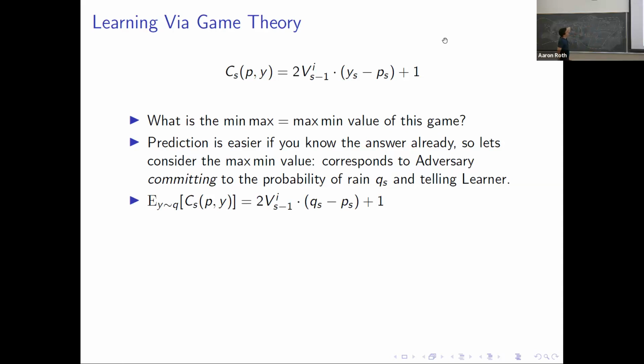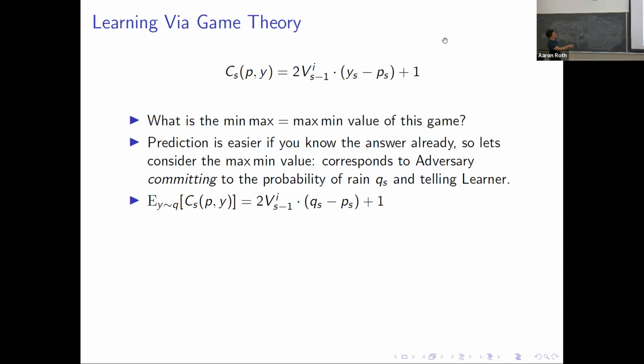And so, knowing the mixed strategy of the adversary, the expected cost that the learner will incur in this game if they predict P is just twice the historical calibration loss for the bucket that prediction P lies in, times the difference between, well, not today's outcome anymore, since we're taking expectations, but the probability that it's going to rain today, minus the predicted probability it's going to rain today, plus 1.